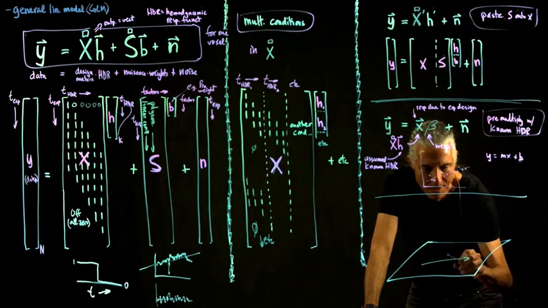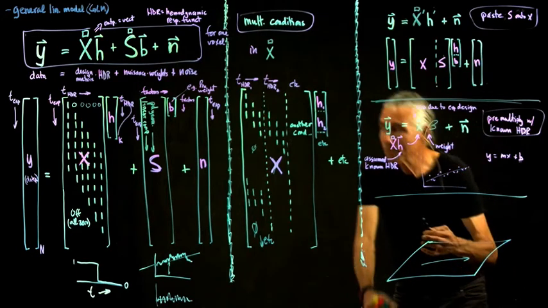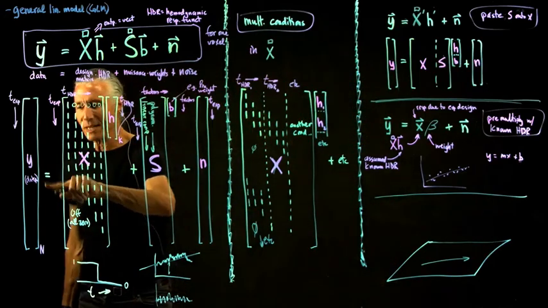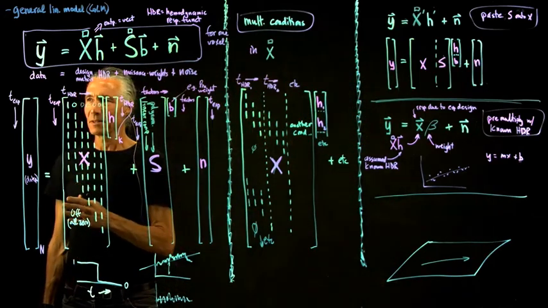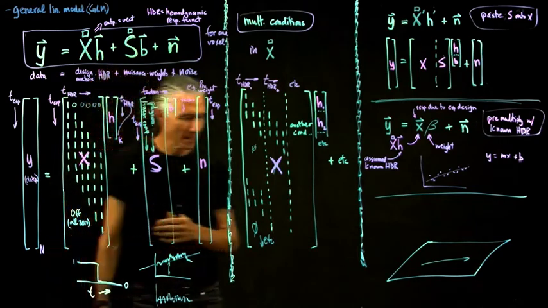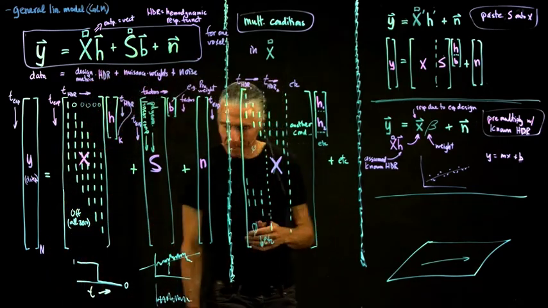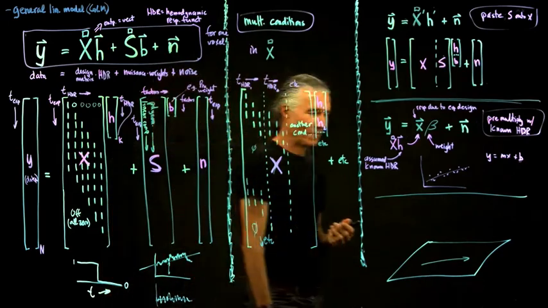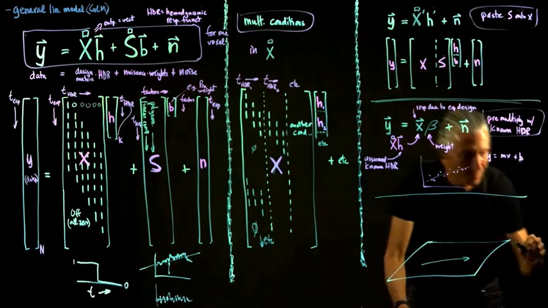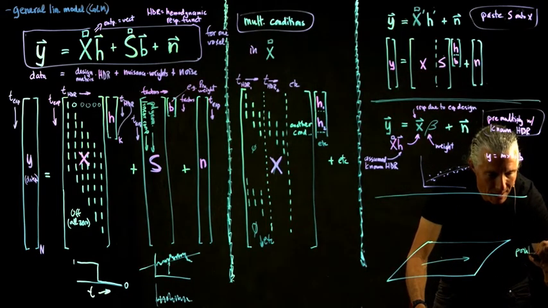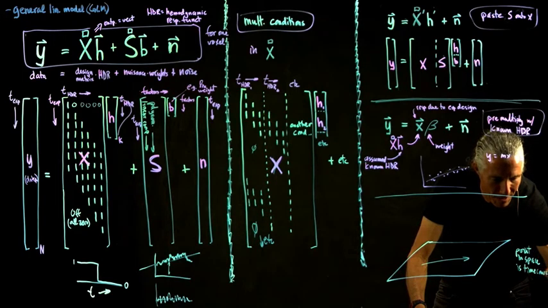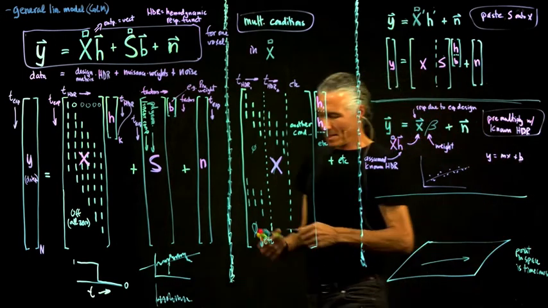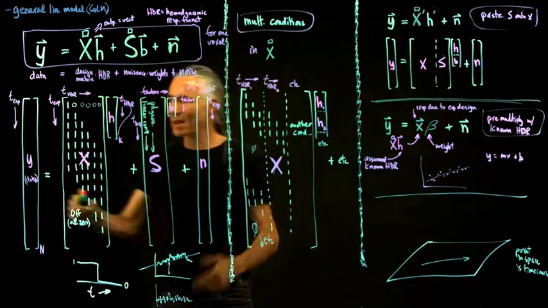That's basically the space of all the different time courses. So a point in this space is actually a time course. That's kind of hard to wrap your mind around. It's a space of time courses that we are capable of explaining.